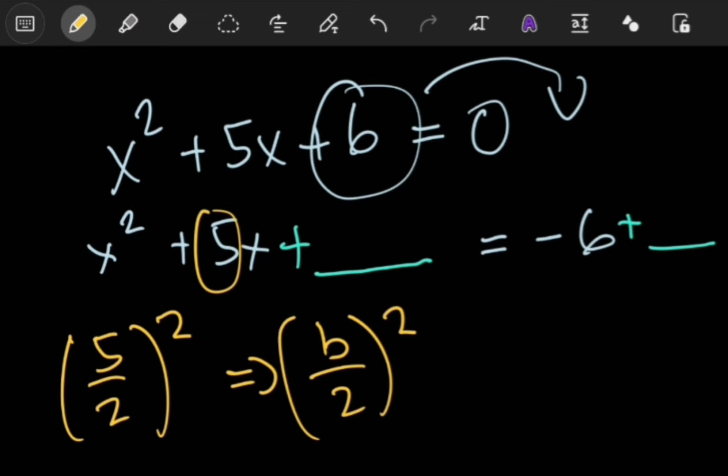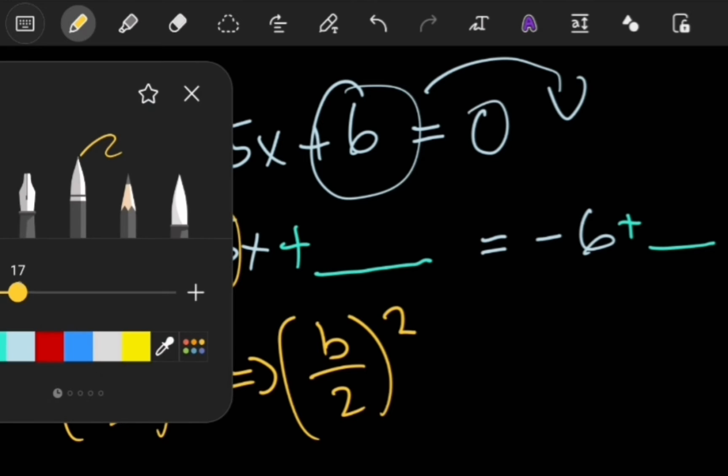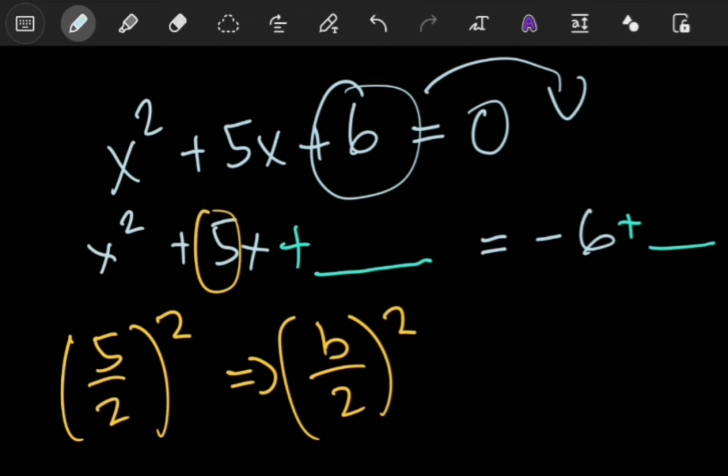So the b coefficient is this numerical coefficient of x. So now you know how to complete the square. So since you already know, we can just put 5/2 squared on this side as well.